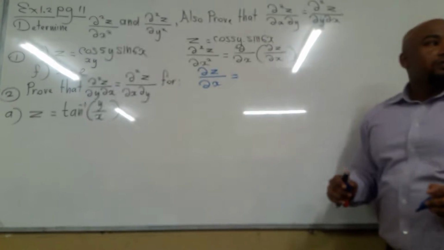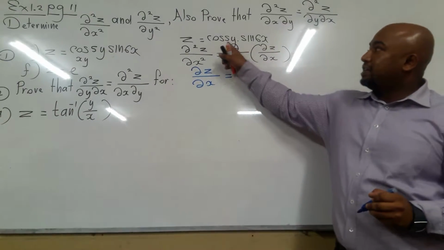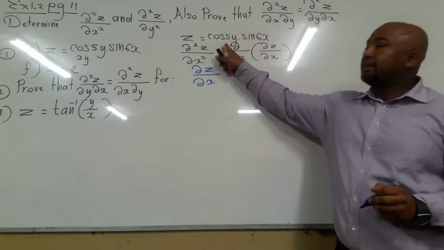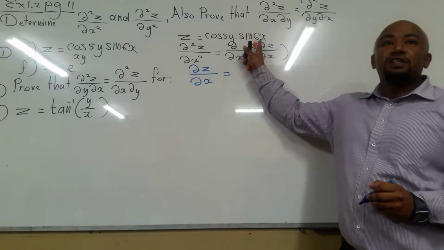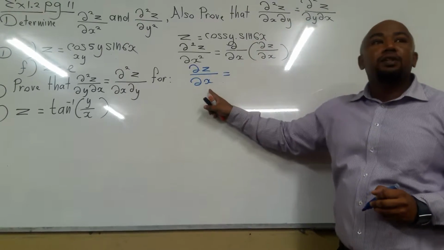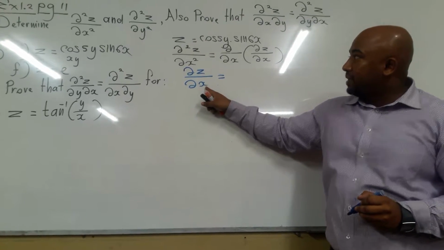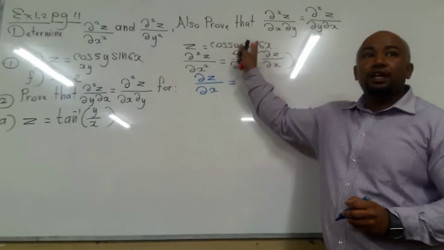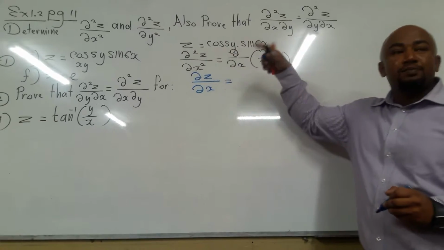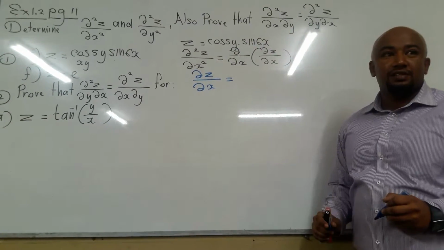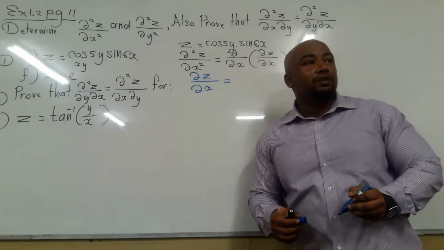Right, so we need to differentiate cos of 5y times sine of 6x with respect to x. Okay, with respect to x, it's multiplication. Cos of 5y is being multiplied by sine of 6x. Do I need to use the product rule?